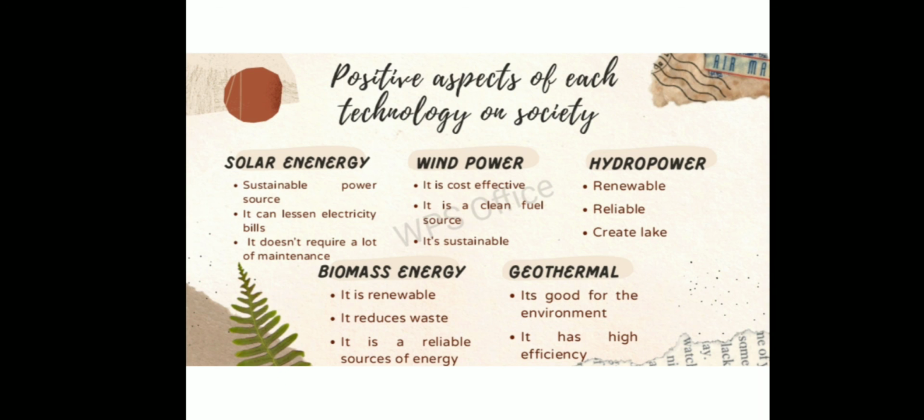It is cost effective, it is a clean fuel source, and it's sustainable. Hydropower. Renewable, reliable, and creates lakes. Biomass energy. It is renewable, it reduces waste, and it's a reliable source of energy. And lastly, geothermal. It's good for the environment. It has high efficiency.